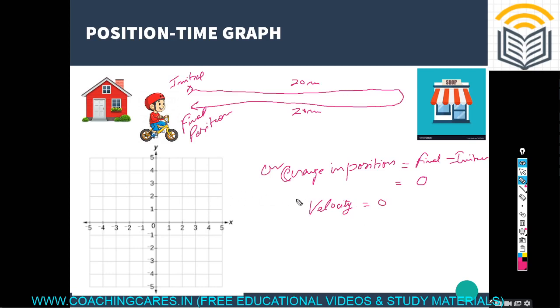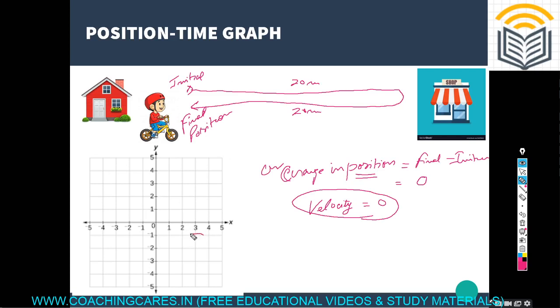So in this example, the velocity will be equal to 0, because we are considering change in position here, not distance. This is an important difference to understand between the position time graph and the distance time graph.